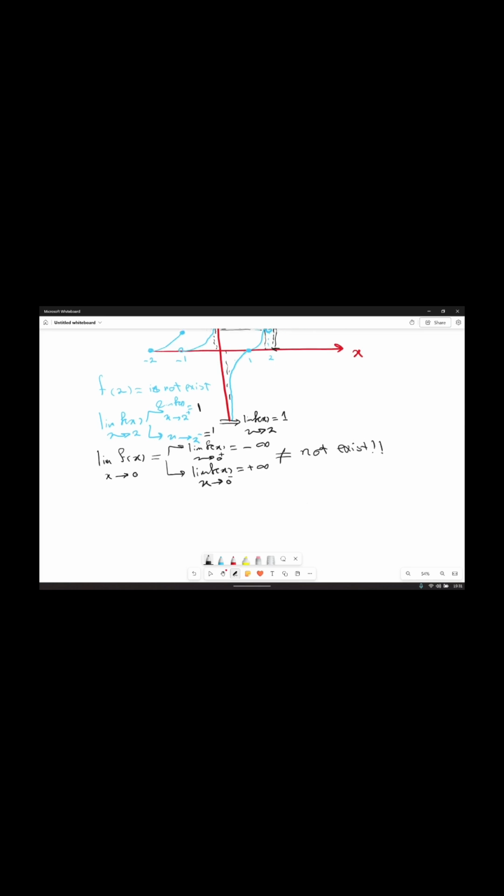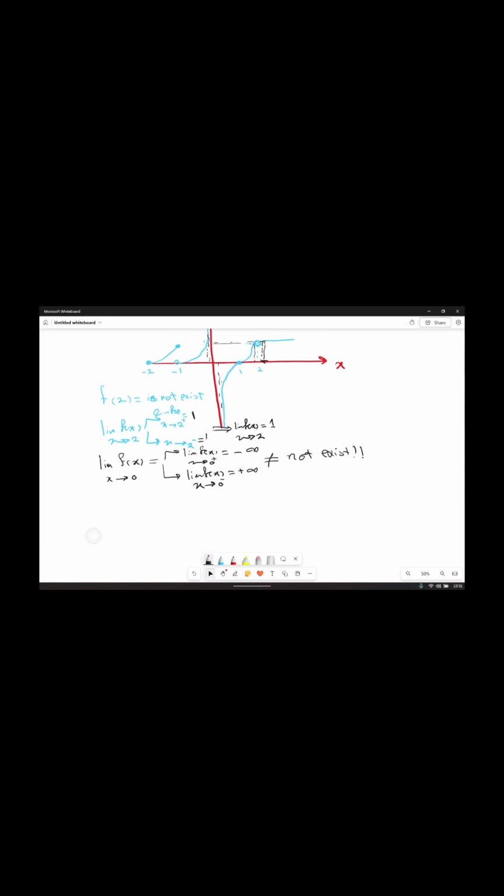But on the other side, when I ask for the limit of f(x) as x approaches minus 1, what happens? If we obtain both sides, the limit of f(x) at minus 1 positive and at minus 1 negative.